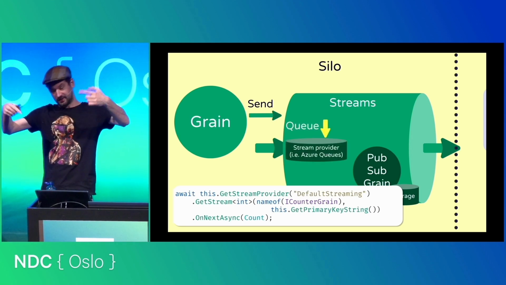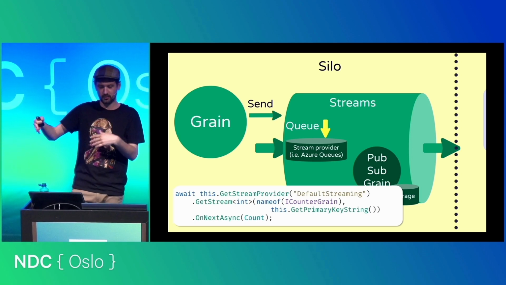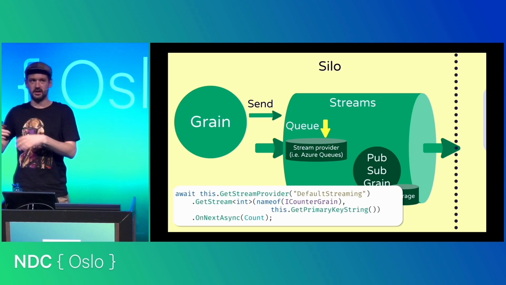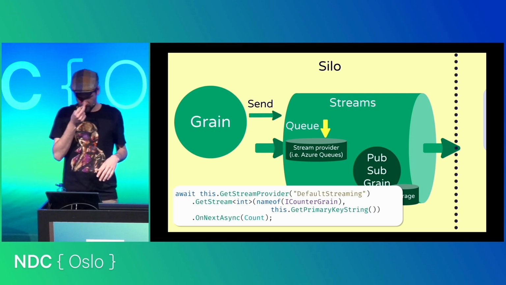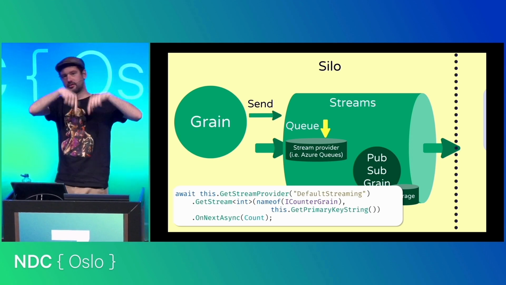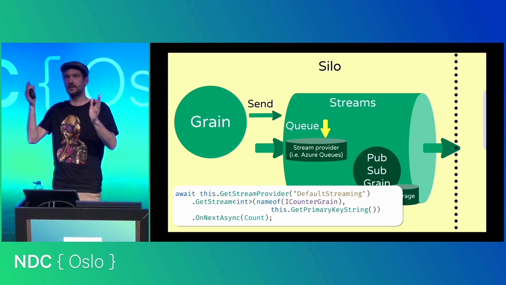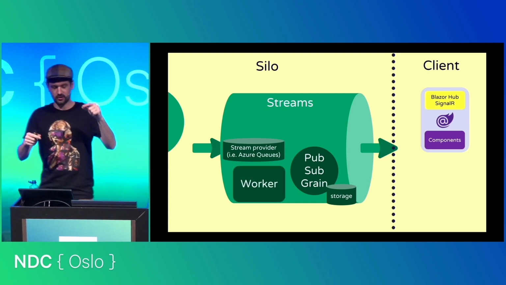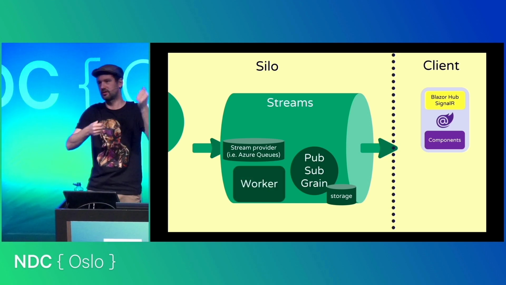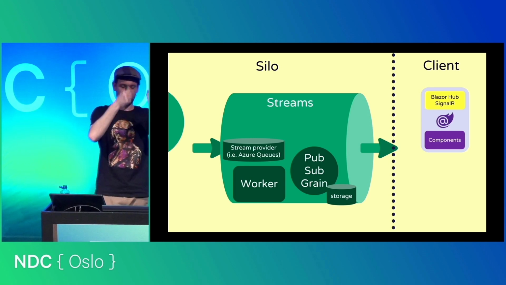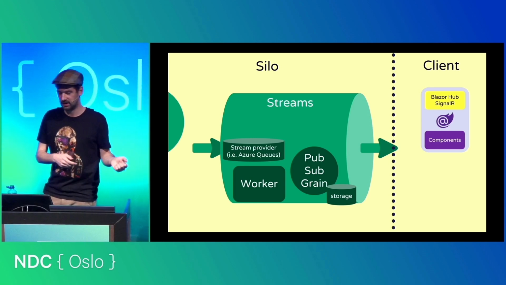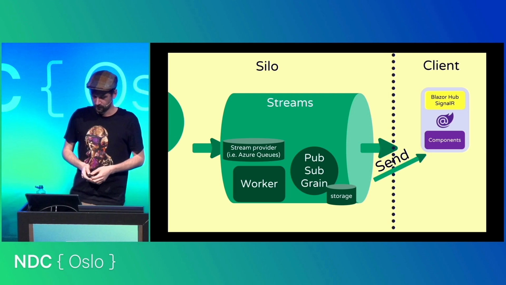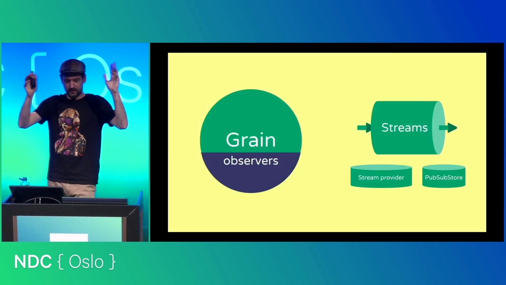What the stream implementation will do is queue it in a stream provider, for example Azure Queues or Amazon SQS or Event Hubs or Service Bus, and then it will store it there. You've also got a memory implementation. And then you've got a worker which is going to pull those events, or multiple workers on every server. They will pull messages from the stream provider, and send it to the client based on the pub/sub. So basically those are the two methods.